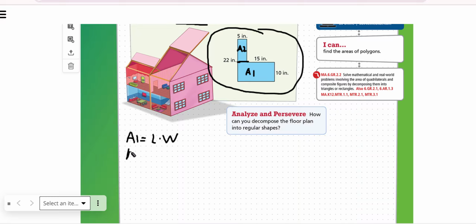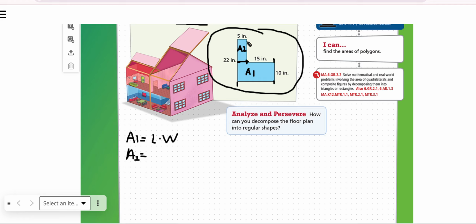Now I need area 1 is equal to, how much is the length? So the length will be from here to here. And from here to here is, it's not 15, because 15 is from here to here. So it's going to be 15 plus this little bit over here.